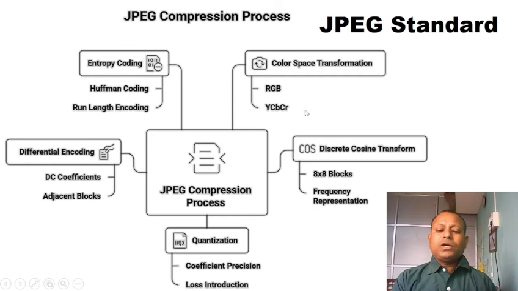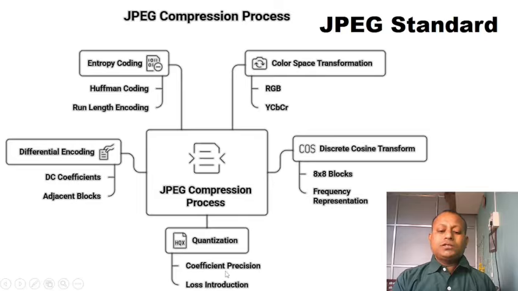In color space transformation, it mostly converts RGB to YCbCr, and in discrete cosine transformation, it mostly converts the image into blocks such as 8 by 8 blocks and a frequency representation.